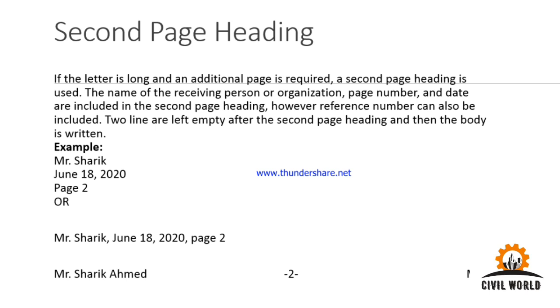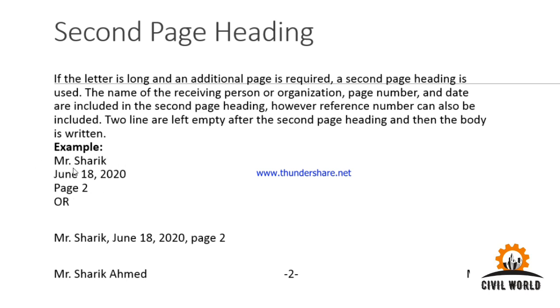Last one is the second page heading. What are you going to do when your letter exceeds to the next page? What is going to be the heading? We have three options over here, and we're going to discuss them. Now look at this one. This is the first option.